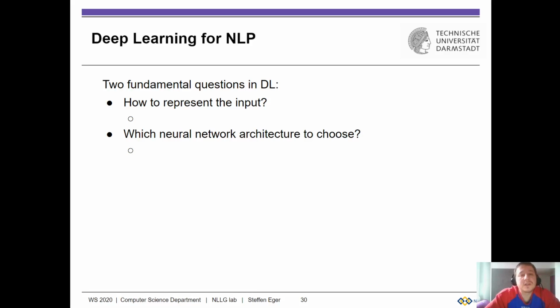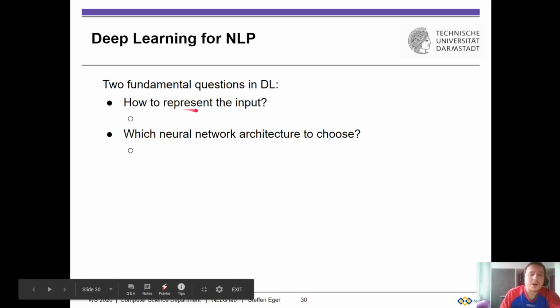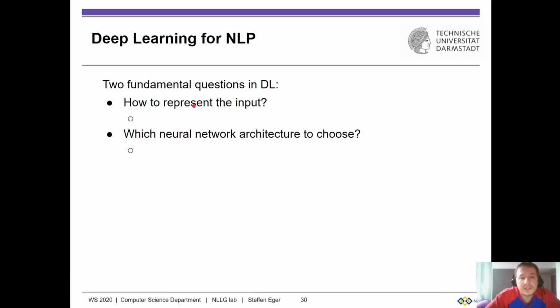Good. Now let's ask, if we want to do deep learning for natural language processing, which two ingredients do we need? I would say that we need two ingredients which help us to set up the problem. The first one is, we know that neural networks have an input, right?